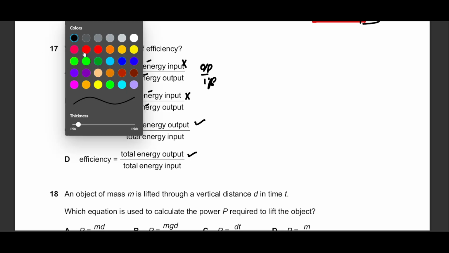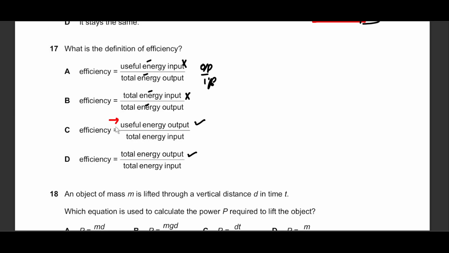Now we have to decide between useful and total. Efficiency is all about useful energy output, what the machine was actually designed to do for me. Did it do that or did it not? If we talk about the total energy output, let's look at a Sankey diagram. This is the useful output and this is the wasted output.